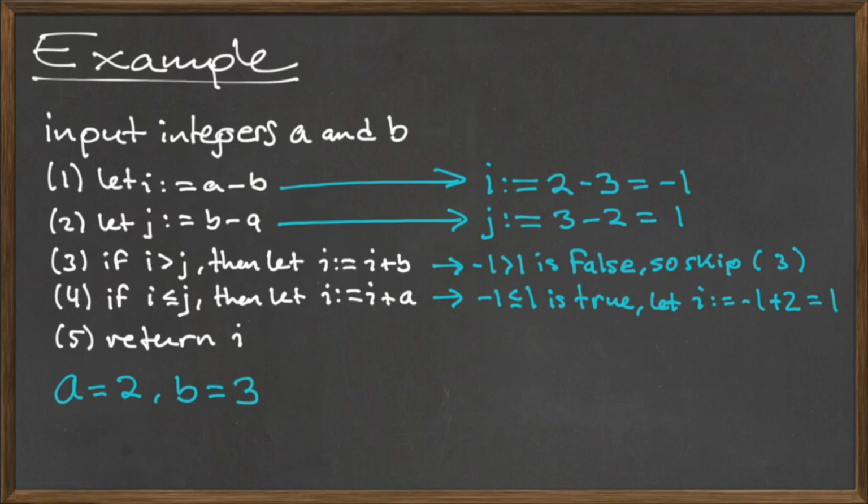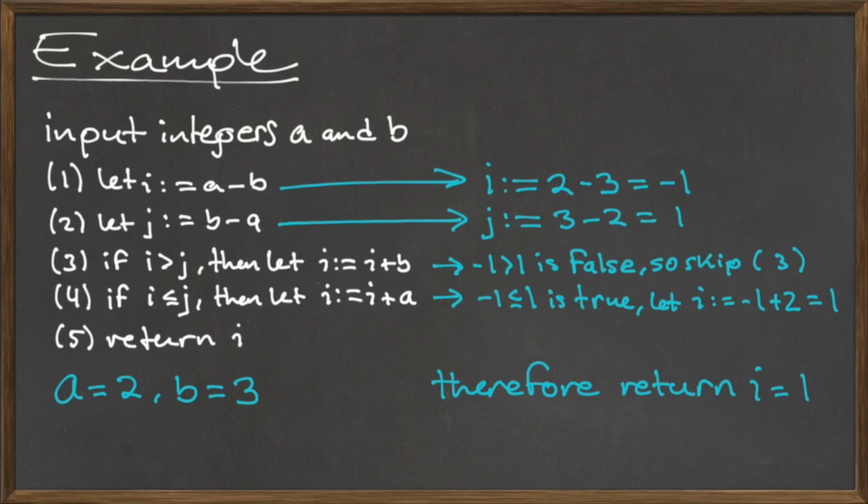The current value of I is -1, and the current value of a is 2. So after step 4, the variable I will have the new value, -1 plus 2, which is equal to +1, which is returned as output. So, for the inputs a equals 2 and b equals 3, the output is +1.